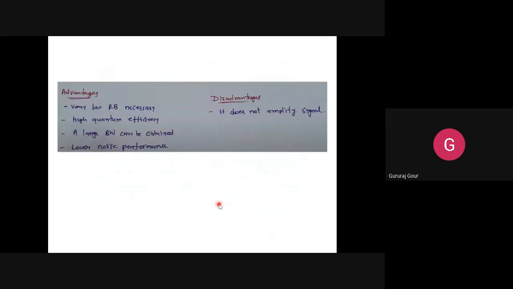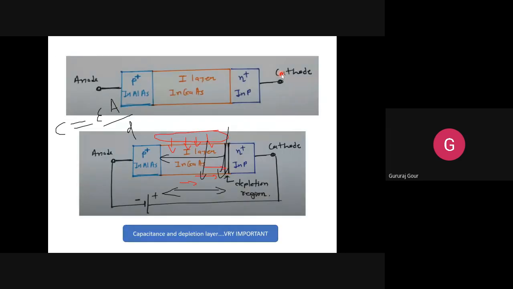If you look at this, on an average, the charge carriers move a distance of Ln or Lp, known as the diffusion length. The charge carriers moving in this N region, of width L here, that is Ln.